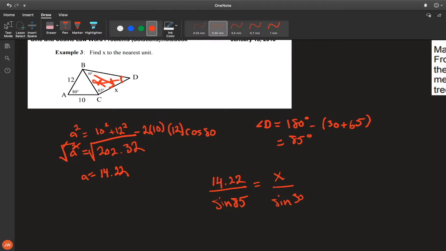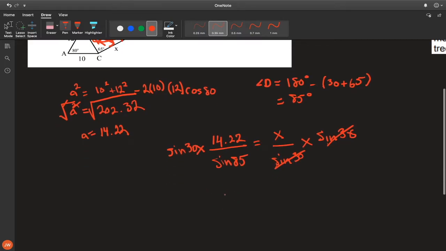Now, looking at this, we have an unwanted division of sine 30 on x, so we can multiply both sides by sine 30. That's going to cancel, and we're going to be left with 14.22 sine 30 divided by sine 85 is equal to x.